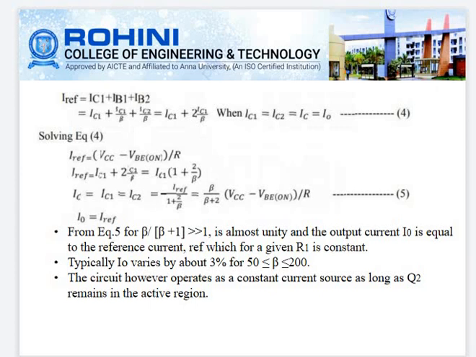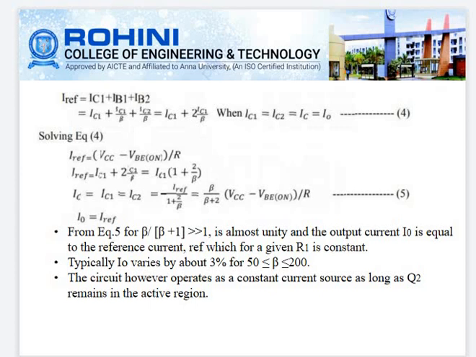Solving this equation 4, we get I reference equal to VCC minus VBE on by R, or I reference equal to IC1 plus 2 IC1 by beta equal to IC1 into 1 plus 2 by beta. So IC equal to IC1 equal to IC2 equal to I reference divided by 1 plus 2 by beta.